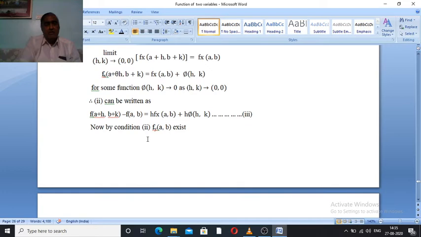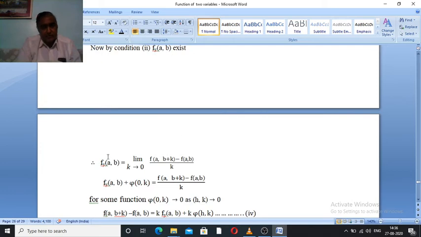Now by condition 2, f_y(a, b) exists. It is given: f_y(a, b) is equal to limit k tends to 0 of f(a, b + k) − f(a, b) upon k. This is by definition of first order partial derivative with respect to y.